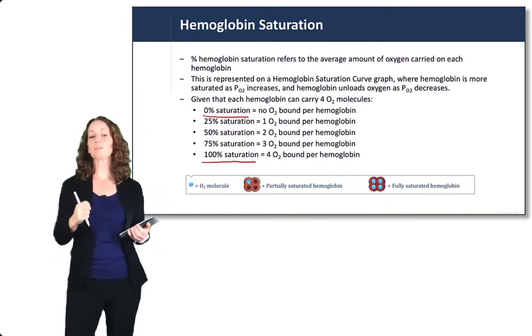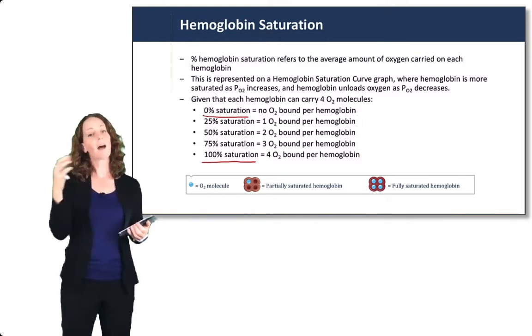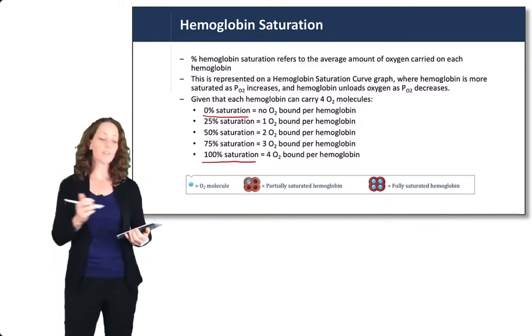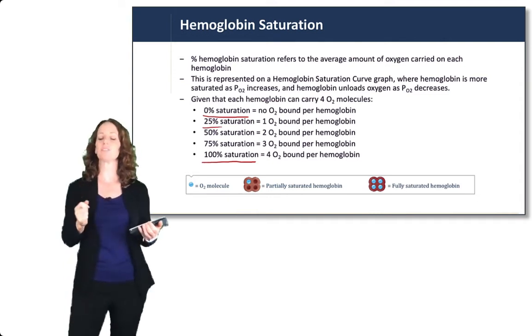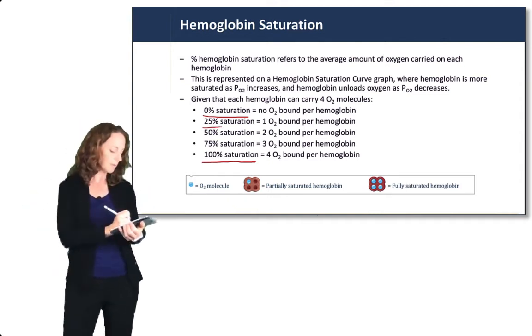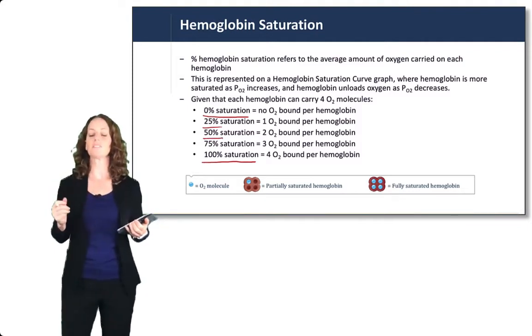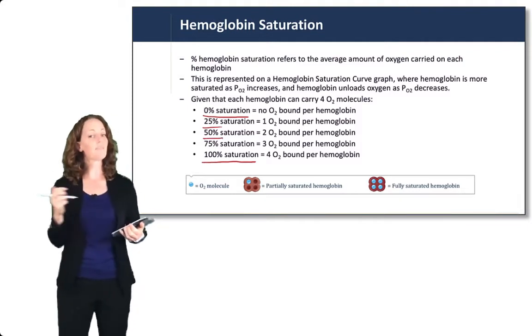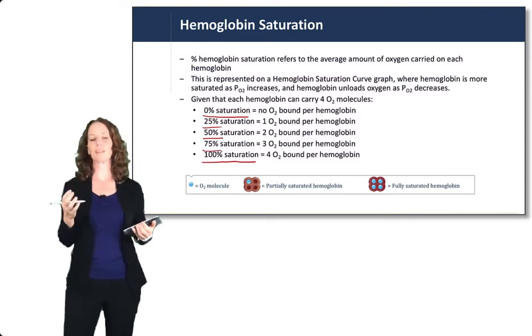And then we change by 25%. 1 out of 4 possible sites on average would be a 25% saturation. 2 out of 4 possible sites on average would be a 50% oxygen saturation. 3 out of 4, a 75%.